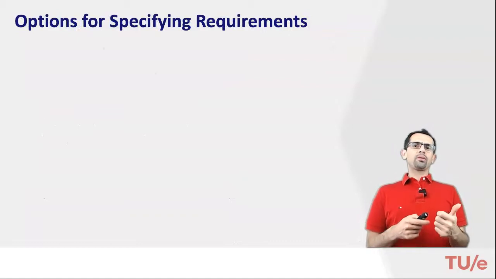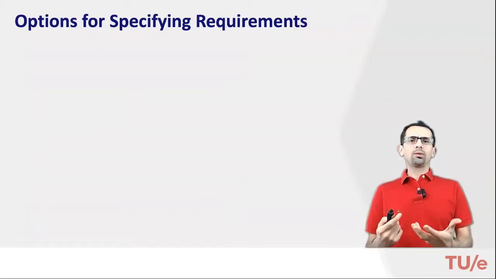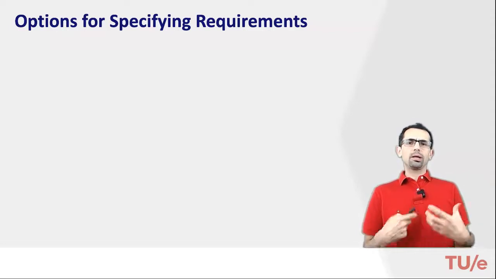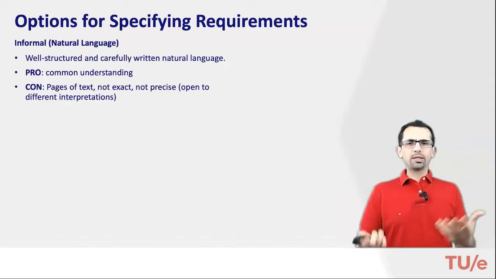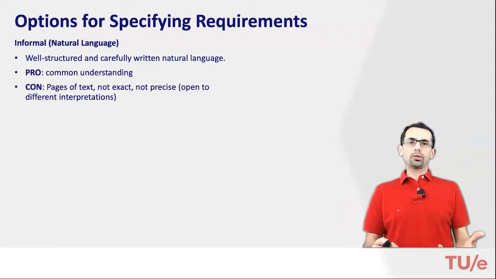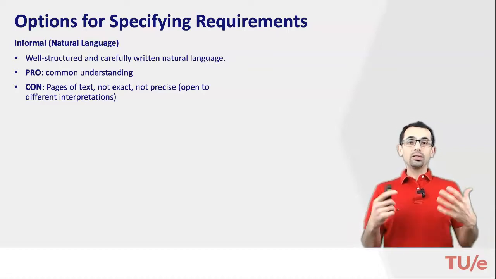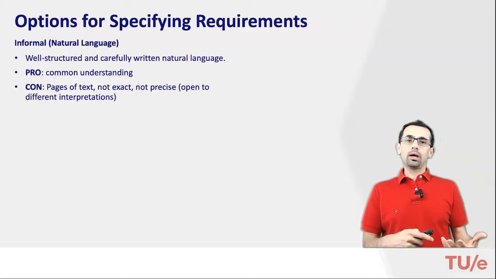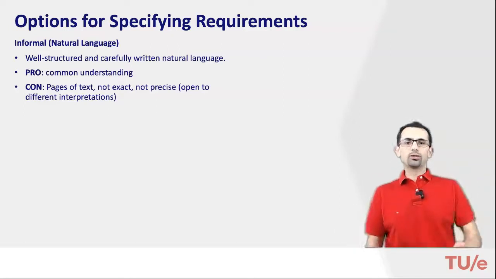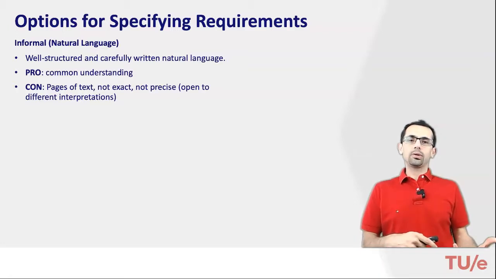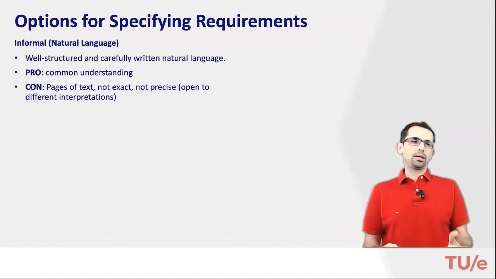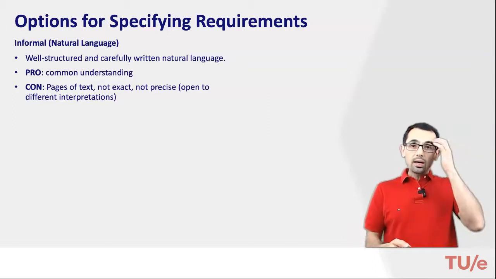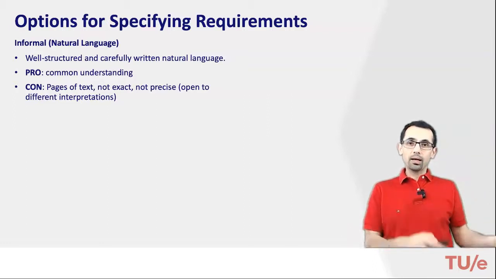Good options for specifying requirements. Something that I would like to talk about as well when we talk about specifications. There are different options that you can use to specify requirements. One way is to use natural language, which we call informal. It is well structured, carefully written. I mean, you can come up with something carefully structured and carefully written in natural language, and the advantage is, of course, that if your audience knows that language properly, then it's a good thing that everybody can understand.